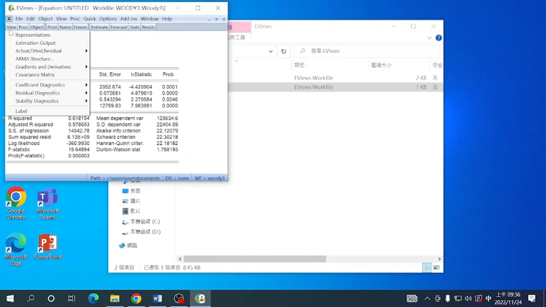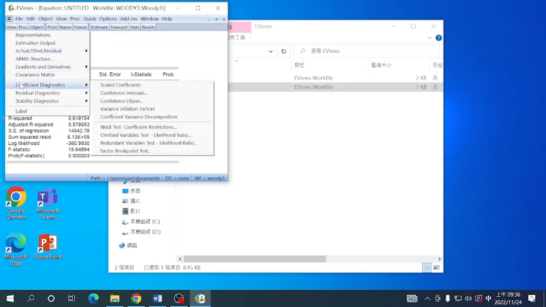Did you see the one near the last three, Coefficient Diagnostics? So I hit this one. Then there are several sub-functions, and choose the one with Coefficient Restrictions. Did you see that? Wald Test, Coefficient Restrictions. Okay, hit this one.